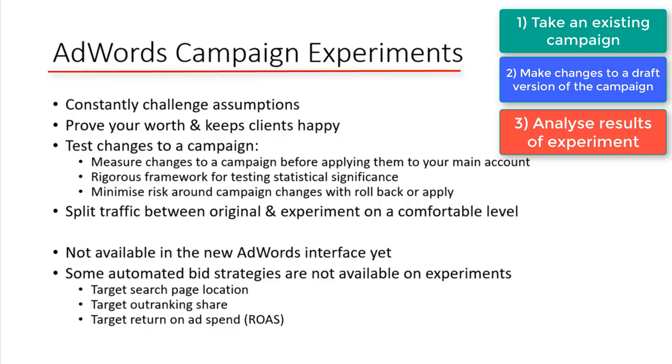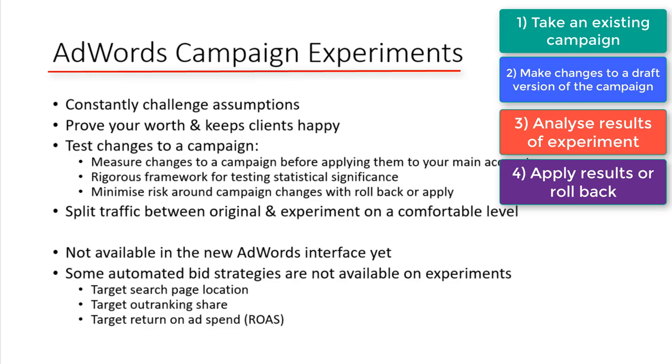And then based on that, deciding whether the changes you have made have been effective in achieving your goal or not. And then applying the experiment to your account or rolling back the experiment. So it's a really rigorous way of actually making changes and then deciding whether those changes have been effective and whether they should be kept or not.